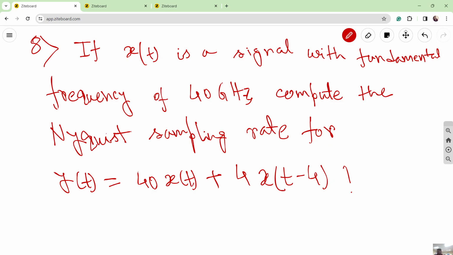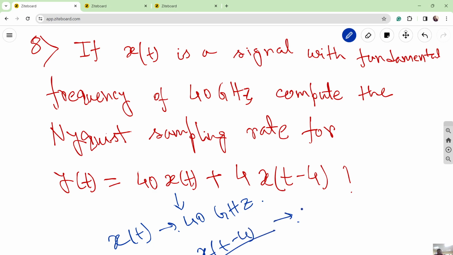So again, the signal x of t has a frequency of 40 gigahertz, and there is another signal x of t minus 4. So it will also have the same frequency, 40 gigahertz.